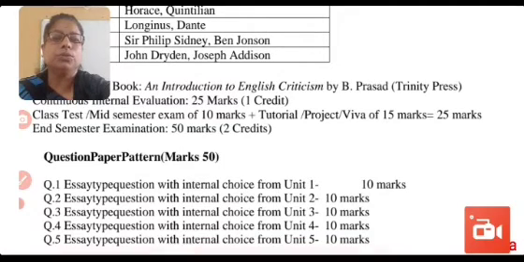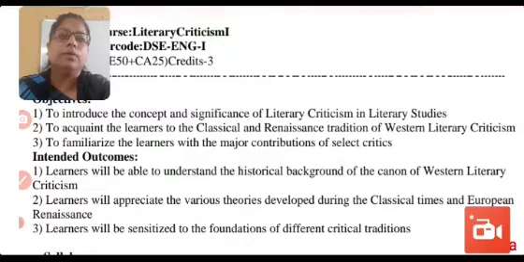So here is the distribution of marks, that is 50 marks into 5 questions. So this is in brief your introduction to this very important paper of your 5th semester, that is literary criticism.